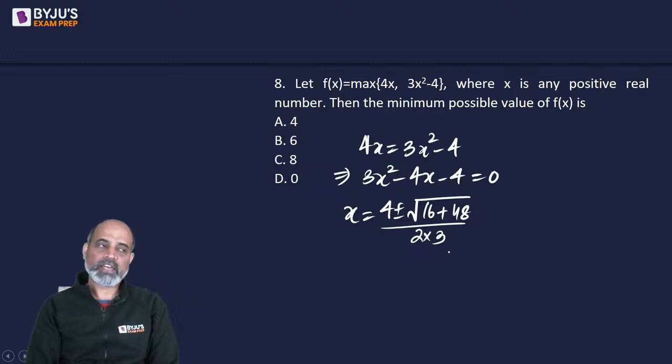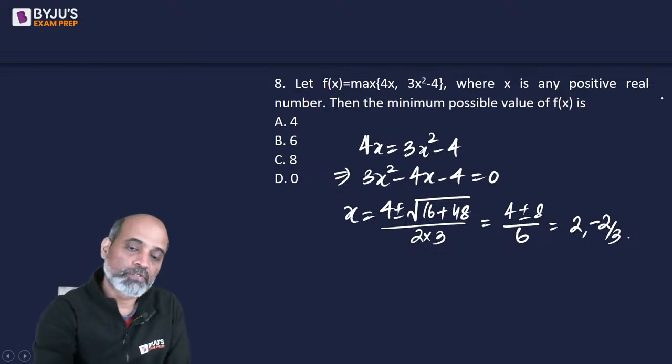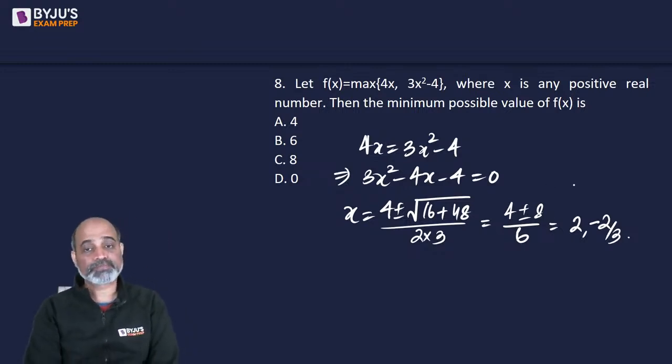So 4ac, 12 into 4, 48. So 48 plus 16 is 64. 64 ka square root is going to be 8. So 4 plus 8 is 12. 12 by 6 is 2, and 4 minus 8 is minus 4. Minus 4 by 6 is minus 2 by 3. So these are the two values of x for which this is going to be true, right?